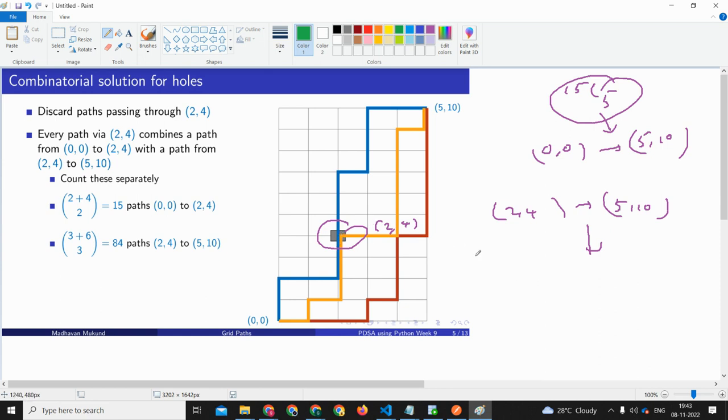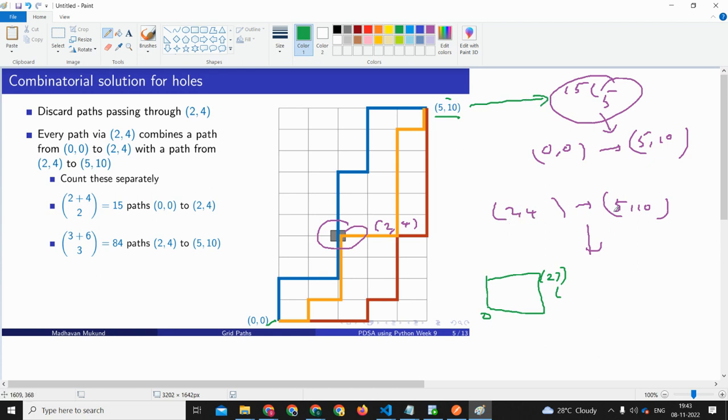The question is, earlier we saw starting from 0 to reach a particular point. From 0 comma 0 to 5 comma 10, how many different possible ways are there? 15 choose 5 or 15 choose 10. Correct.